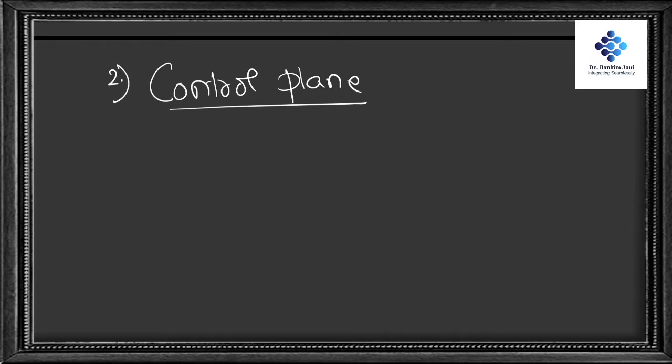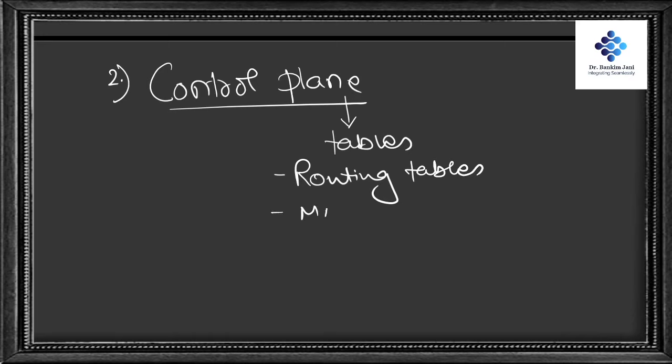Over here in control plane, we are handling all the tables. The decision to use which entry goes into data plane, and making those tables, is what is called the control plane. So in control plane, it will handle your routing tables, your MAC table, your ARP tables, right?